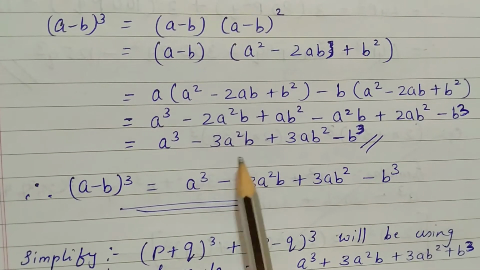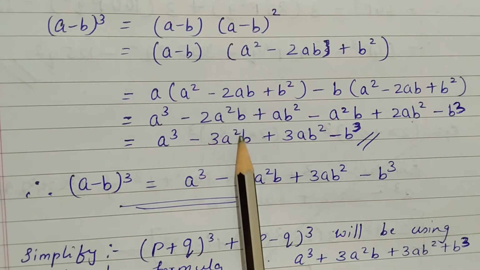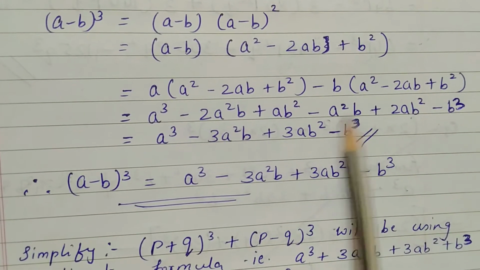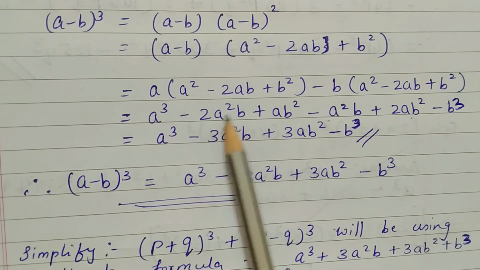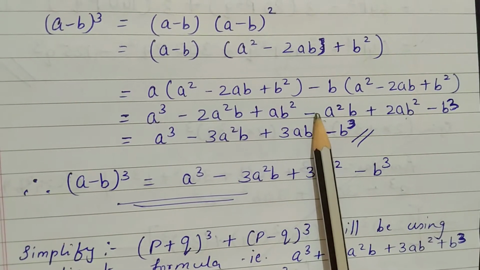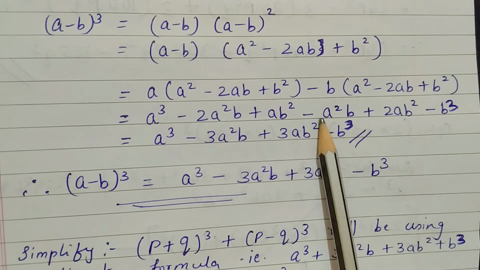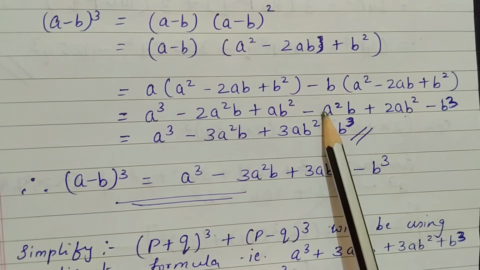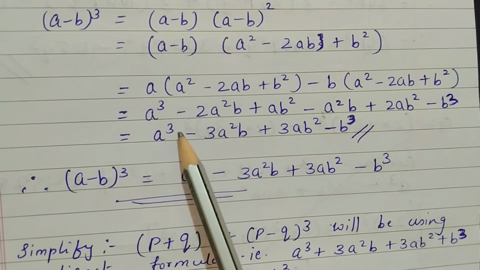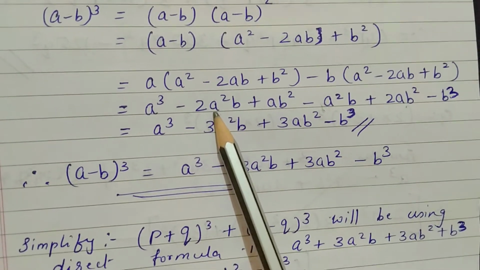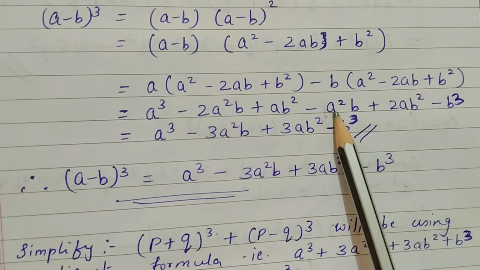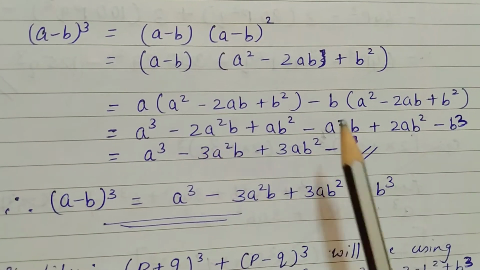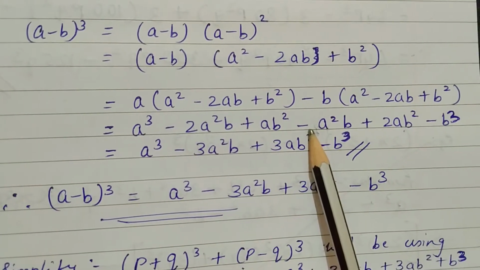So it is equal to a cube minus 3a square b. Now minus 2a square b, minus a square b; minus into minus is plus, so we will be adding it. 2 plus 1. Whenever there is no number, that means by default it is 1. So minus 2 and minus 1 will be minus 3. 2 plus 1 is 3 and the sign is minus.